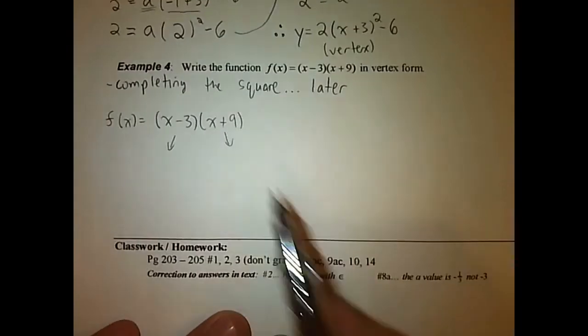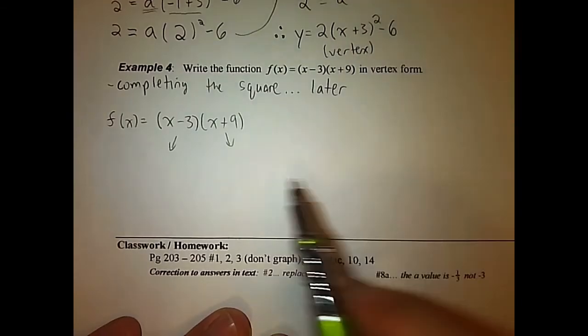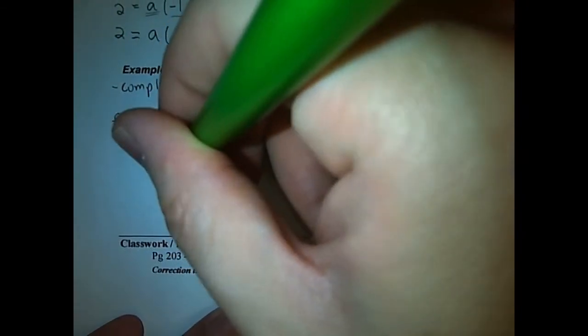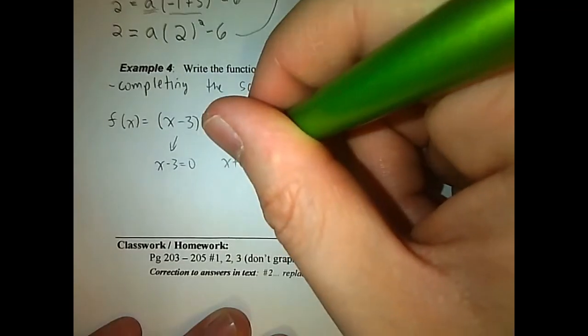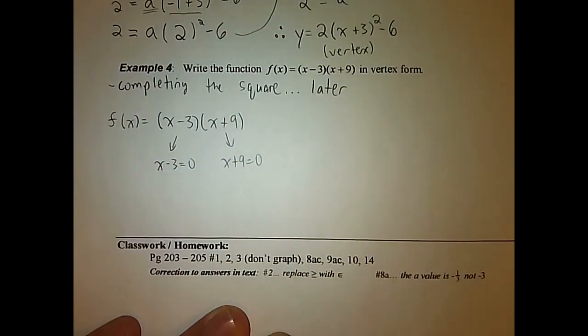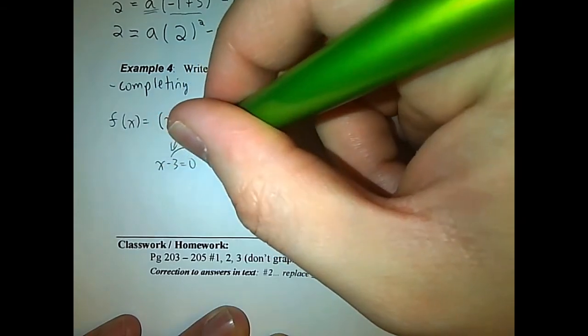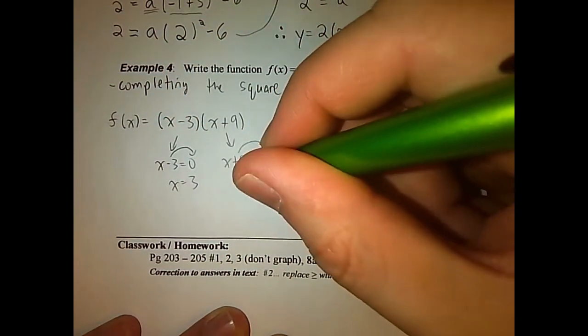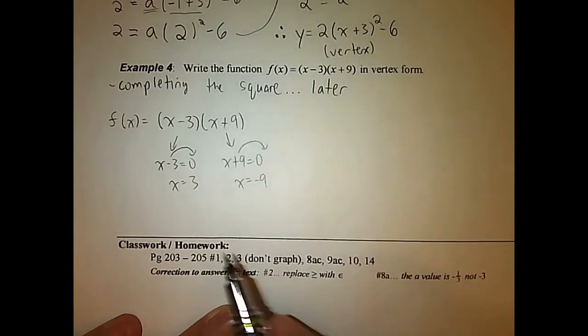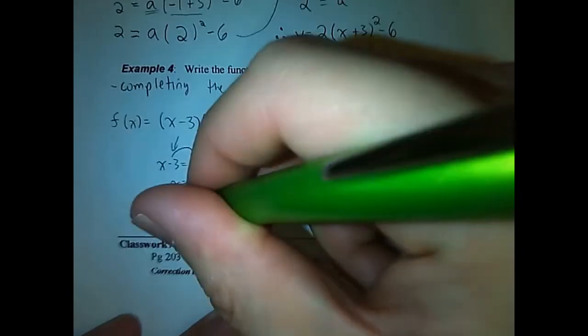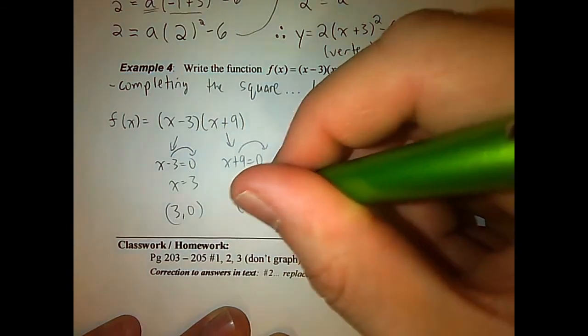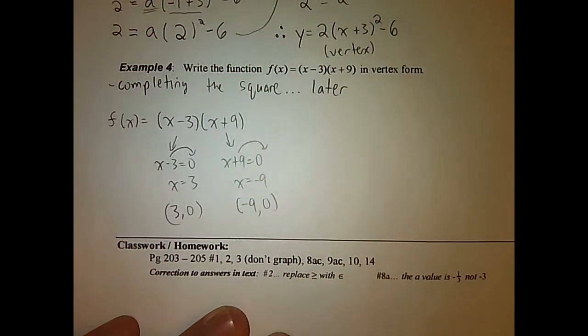So I'm going to get my two factors. And how did we find the vertex before? Well, I get these into x-intercepts. Negative 3 comes over. 9 comes over. I have my two x-intercepts as 3, 0 and negative 9, 0.